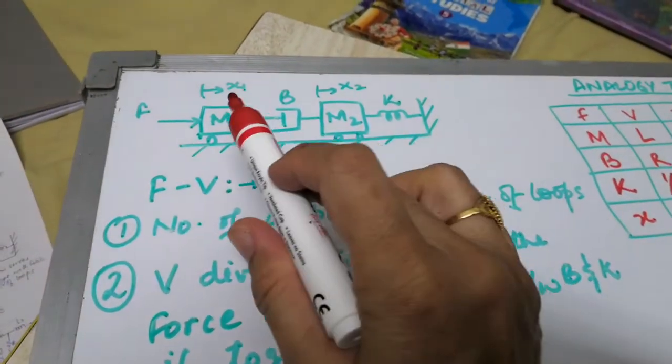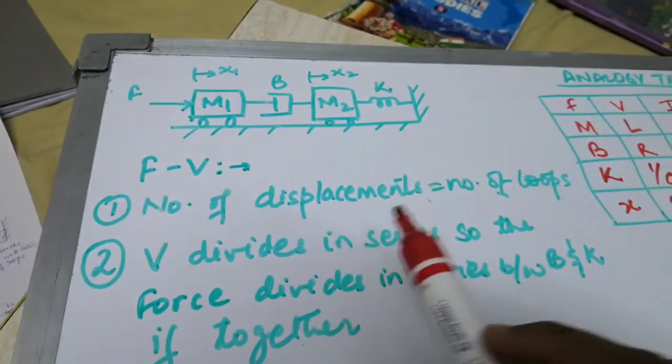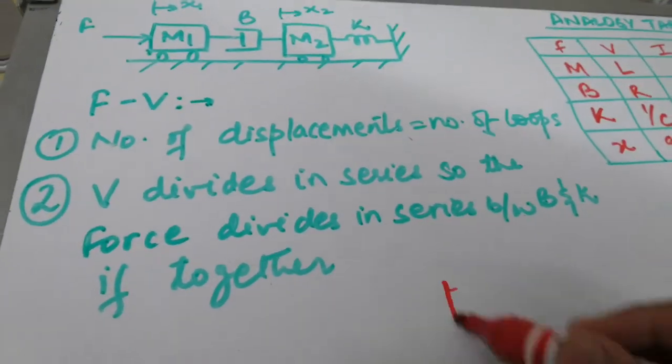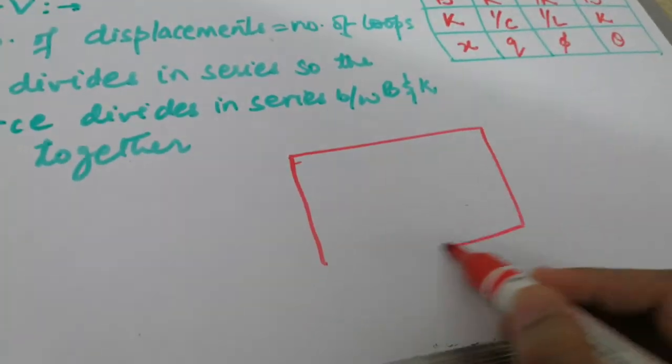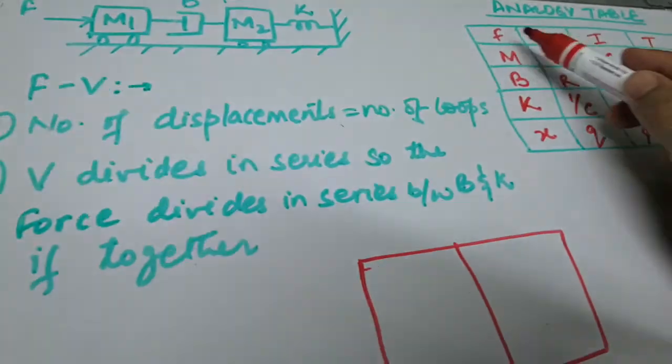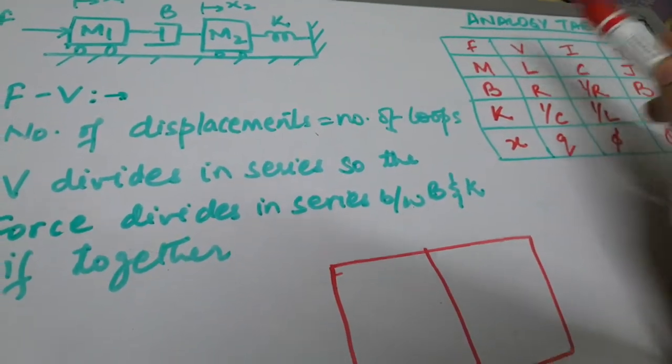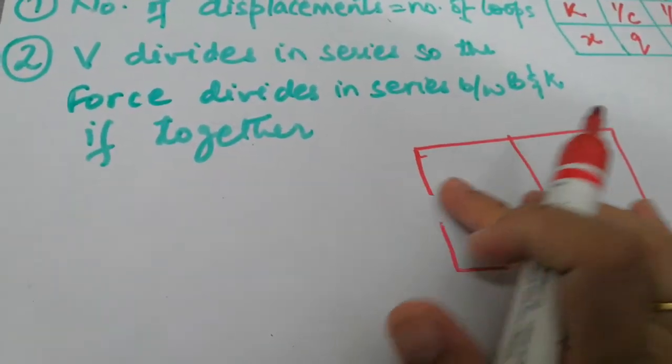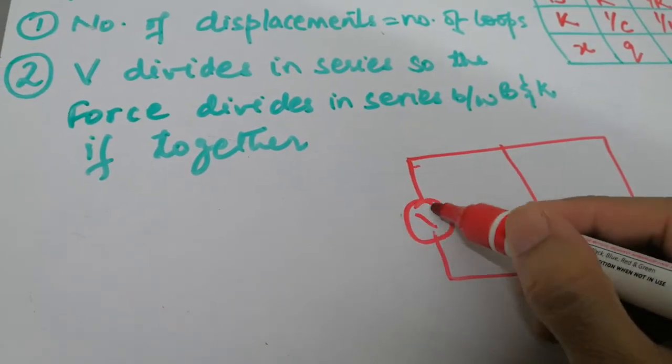As we have been given 2 displacements, meaning 2 loops, let's first draw our 2 loops. Here I have drawn the loops. So here F will be converted to V, so I am going to put my V here.